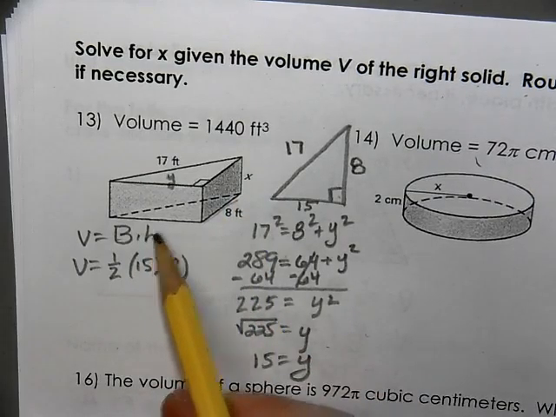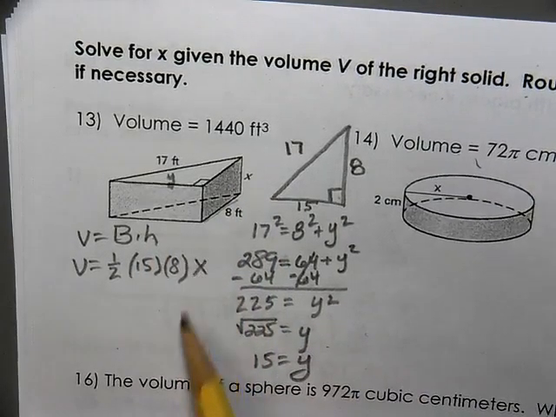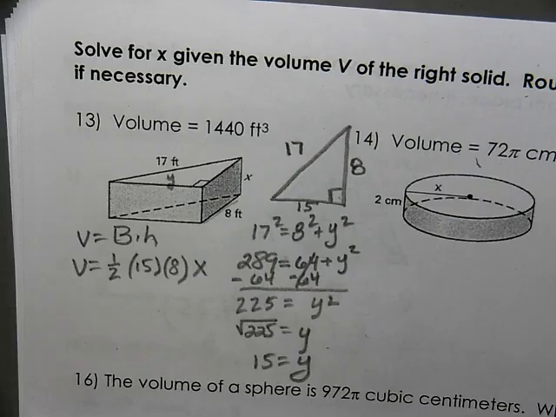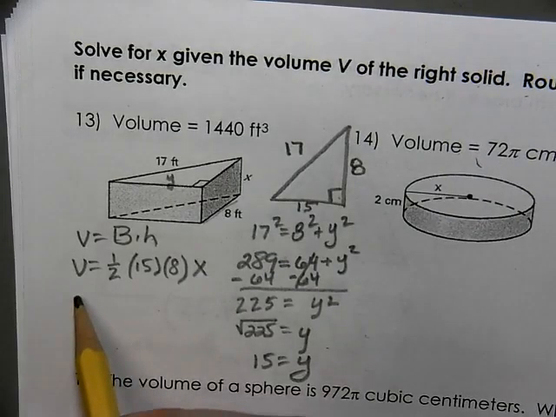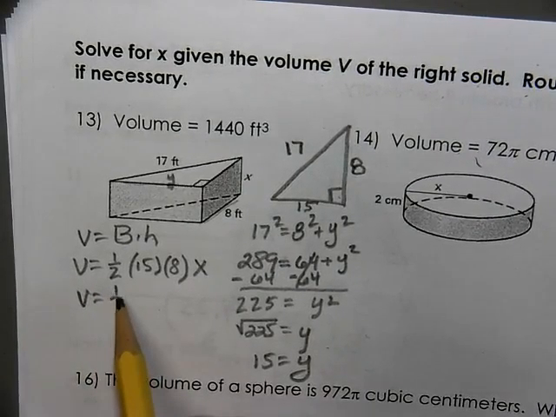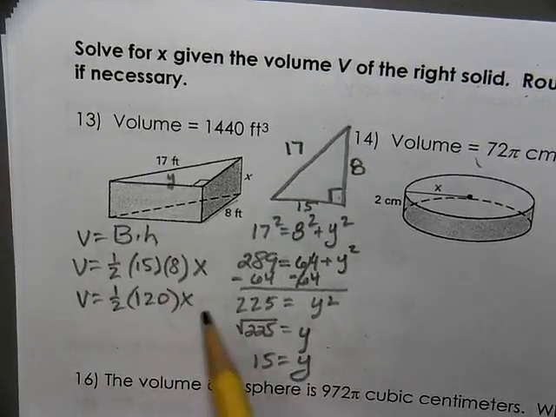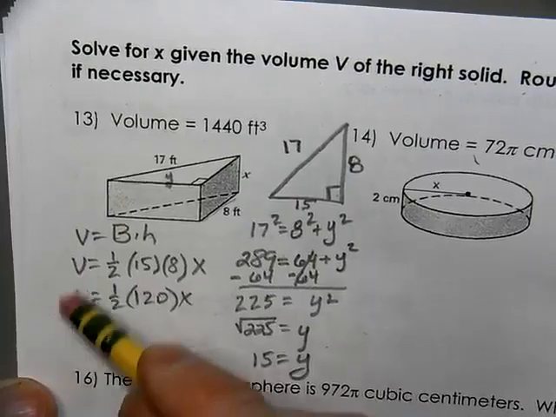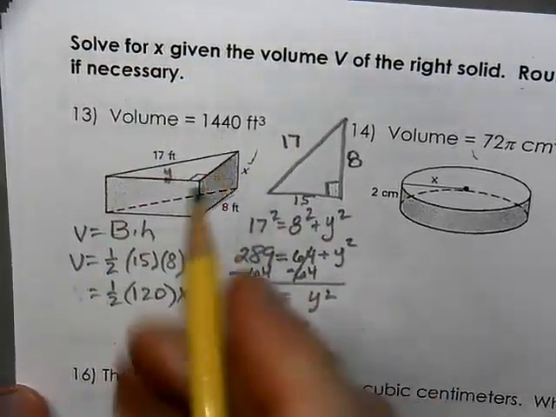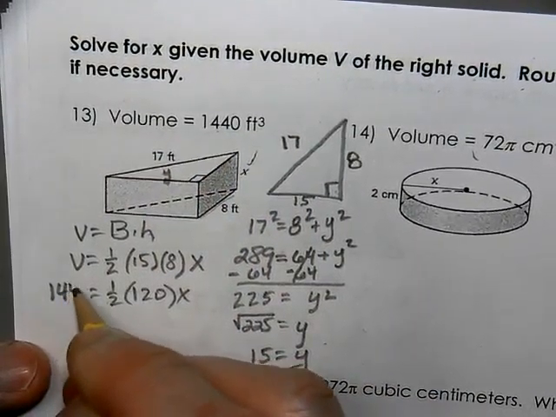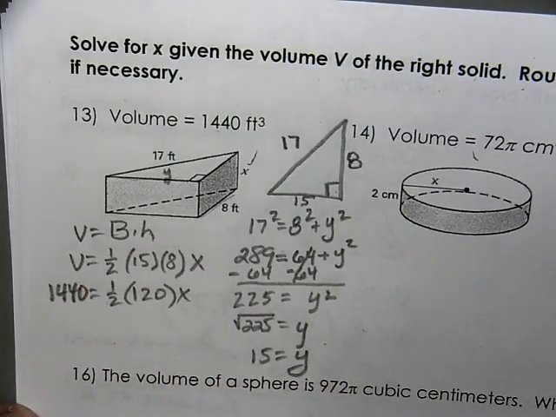Then we times that by the height, which is x. So 8 times 15 is 120. I know that the volume is 1,440.